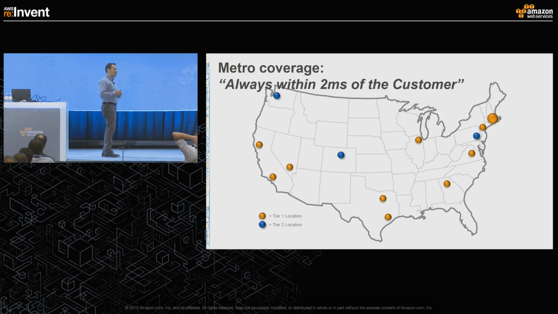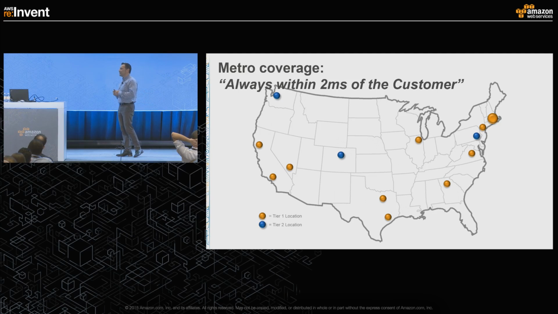So we're building out a network of points of presence across the United States where we can interconnect with local data centers and offer connectivity into our service. We intend to be always within 2 milliseconds of the customer. In fact, all of the resources that the customer's applications are actually interacting with are generally within that data center, which is 2 milliseconds or less from them. So you get the general latency capabilities of local storage.